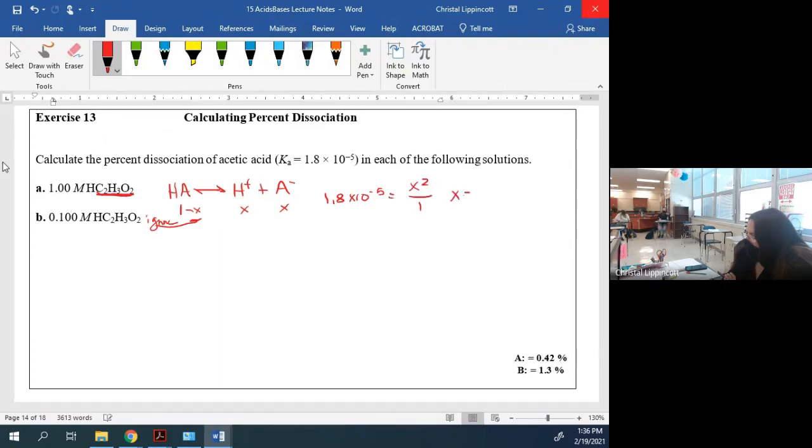I can solve for x, which also equals my hydrogen ion concentration, and it equals my A minus concentration. And when I do the math for that, I end up with 0.0042 molar. That's not the answer, though. That's not what they asked for.